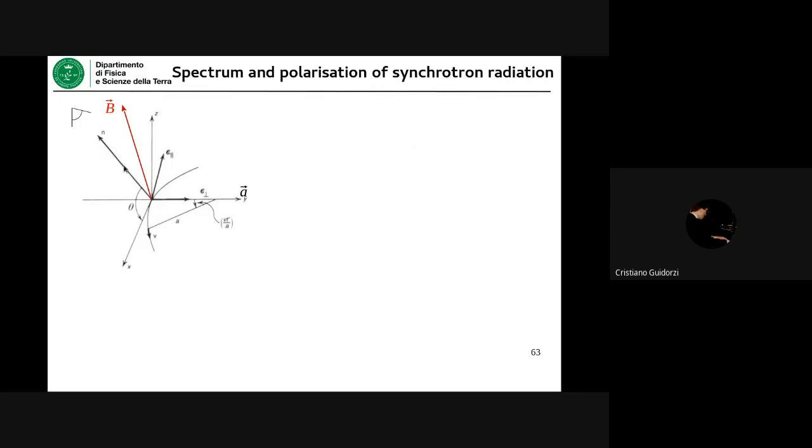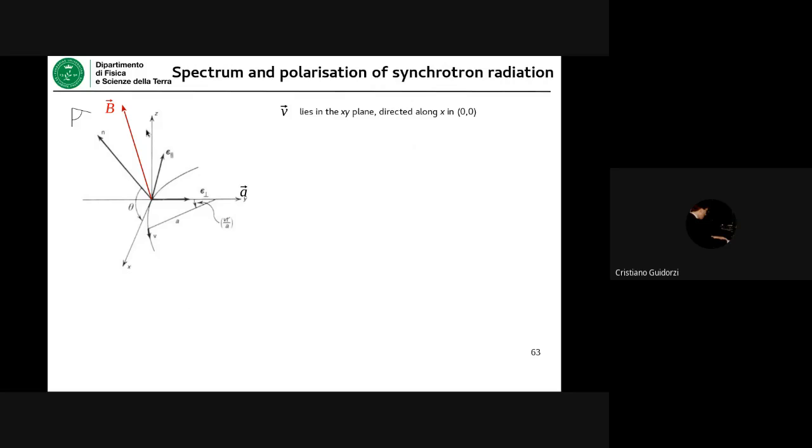Well, to the magnetic field projection from your point of view. If you pay attention to what I said, the magnetic field lies in the xz plane as well as the vector n. So this one here is perpendicular because it lies along the y-axis, so it's perpendicular to the magnetic field line, while this one here is parallel to the projection of B from your point of view.